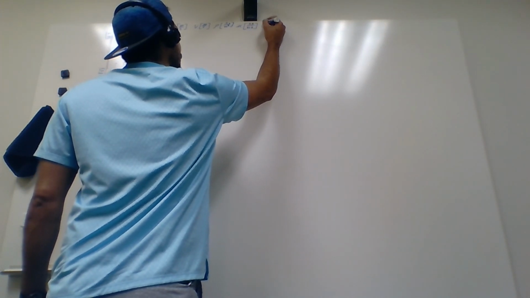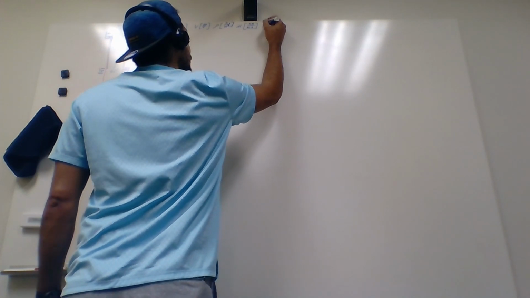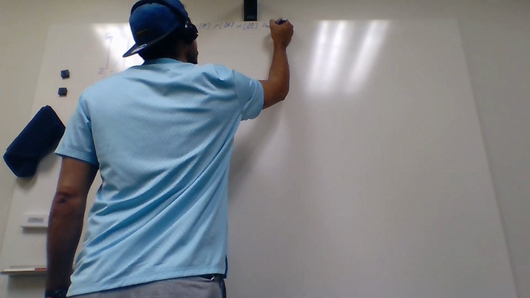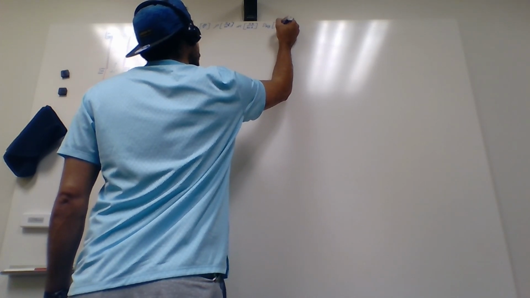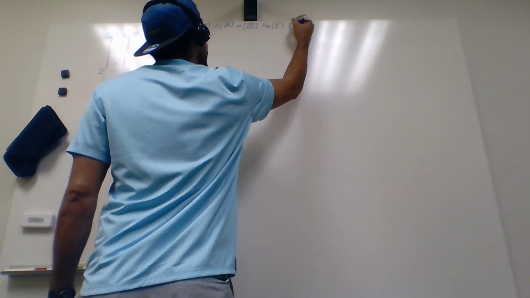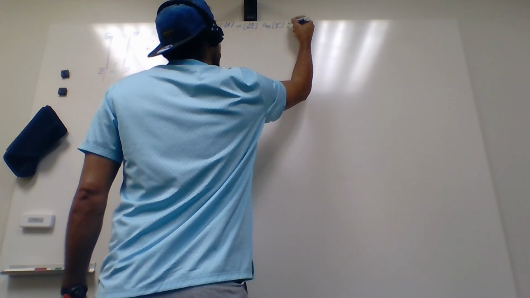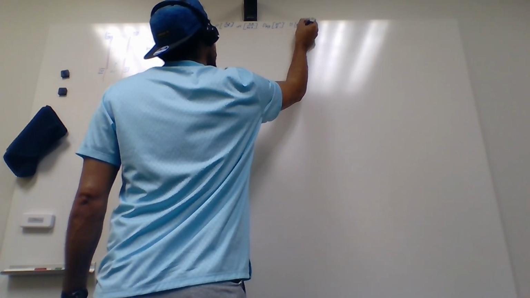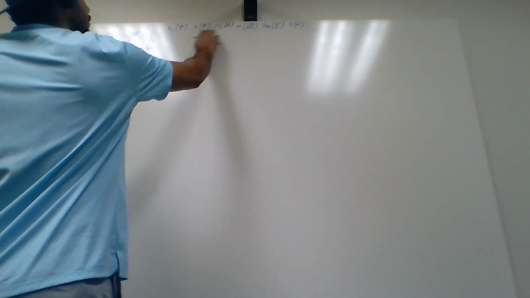Then the diffusivity coefficient, which is going to have units of meters squared per second, and the diameter of the pipe, which is in meters. So we have 1, 2, 3, 4, 5, 6 variables and 3 fundamental units.